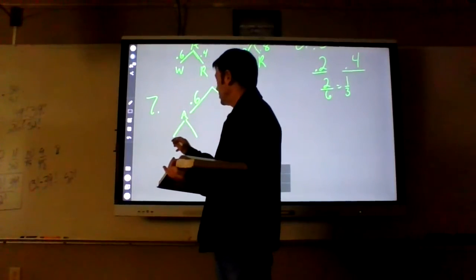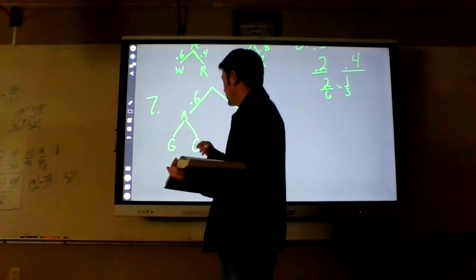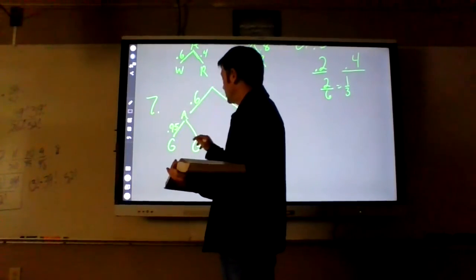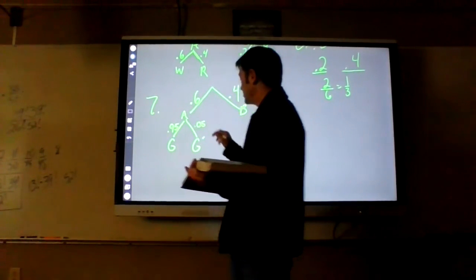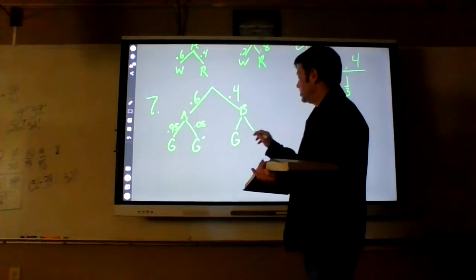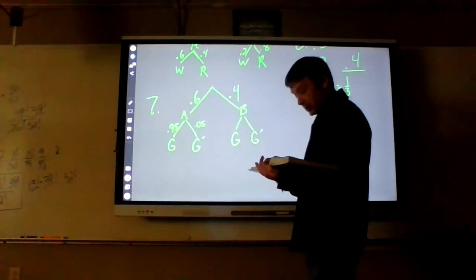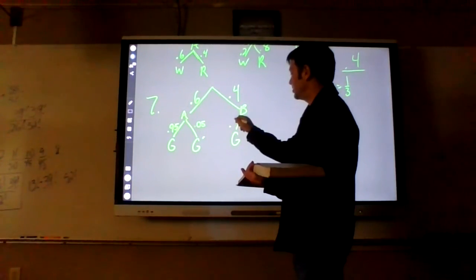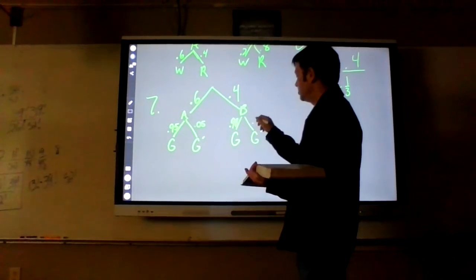I'll call it good and not good. So 95% are good, that leaves 5% bad. And out of machine B, what's the probability that they're good? 98%. 2% are bad, so 98% are good and 2% are bad.